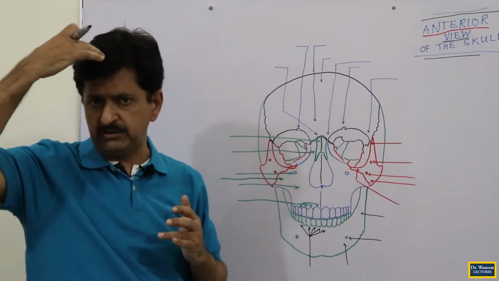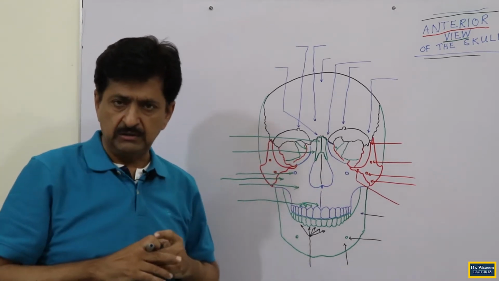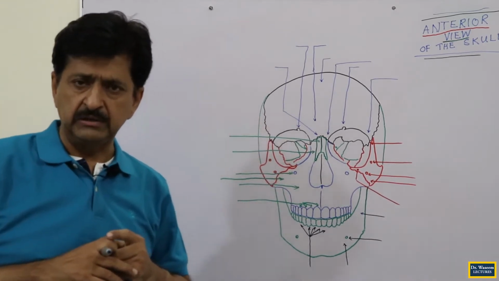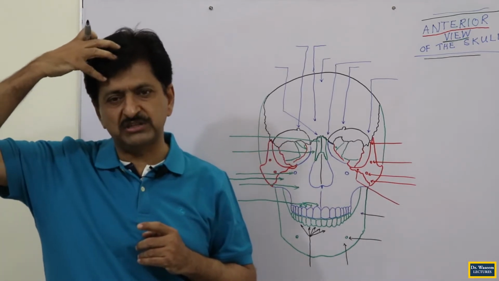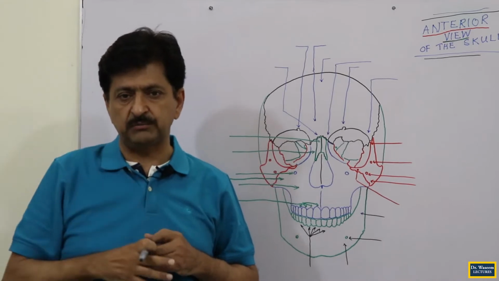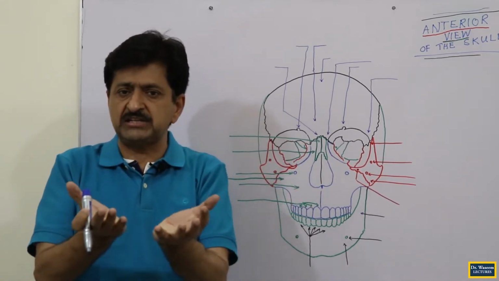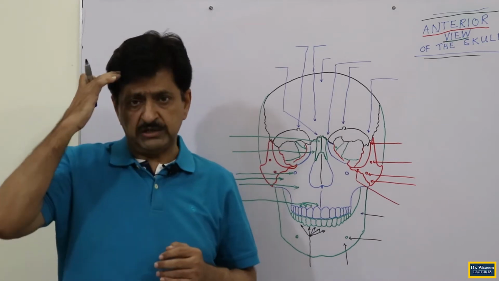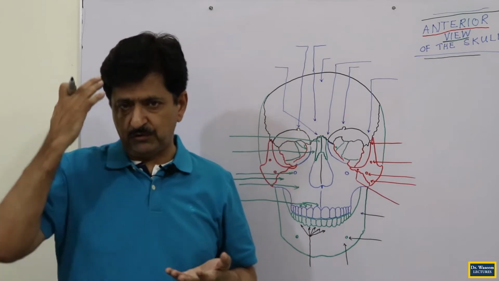When you remove it, you say I have removed the vault. This is called the vault of the cranium. The vault of the cranium has been removed to see the inside of the rest of the cranial cavity, and it forms most of the part of your cranial cavity.